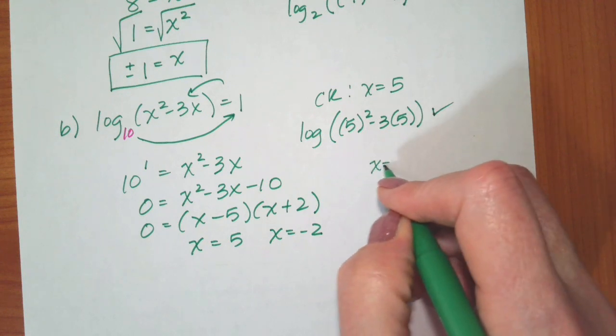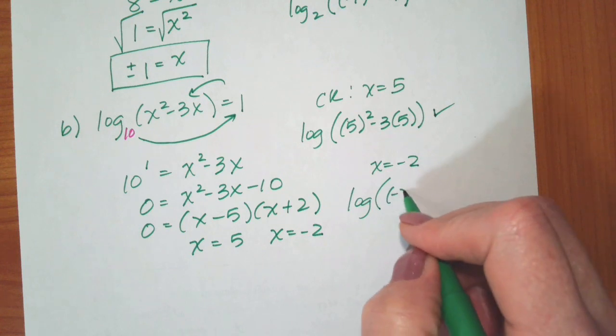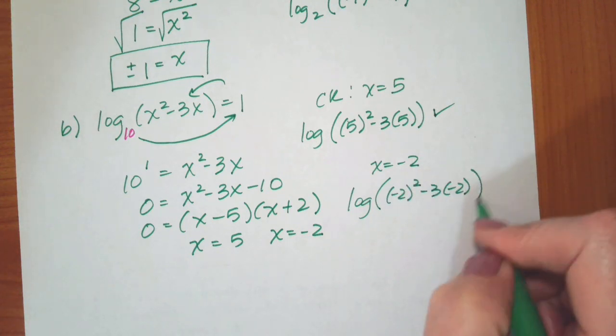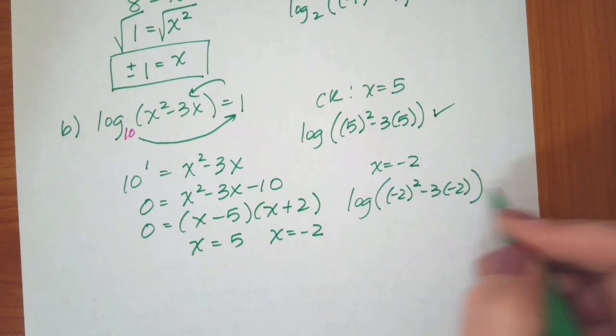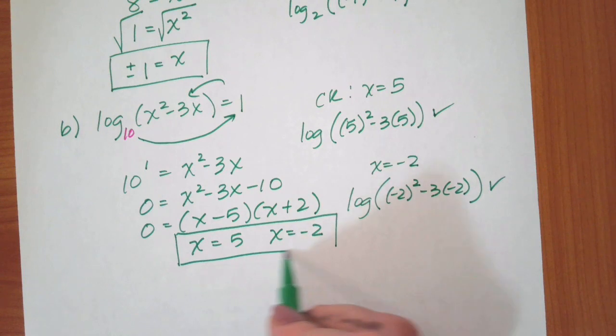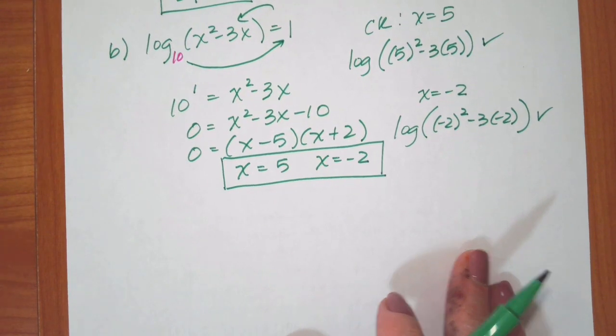Let's check x equals negative 2. The log of negative 2 squared minus 3 times negative 2 gives me 4 plus 6, which is 10. So they both check. Don't automatically discount a negative.